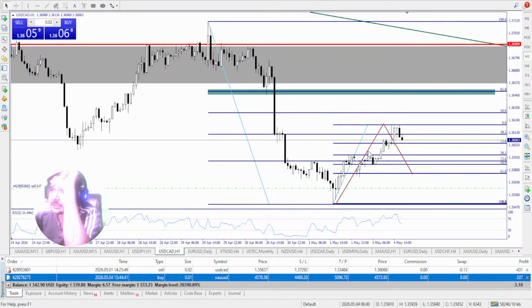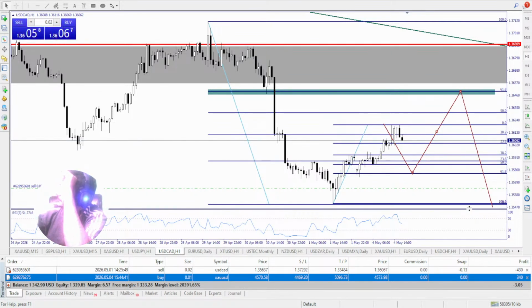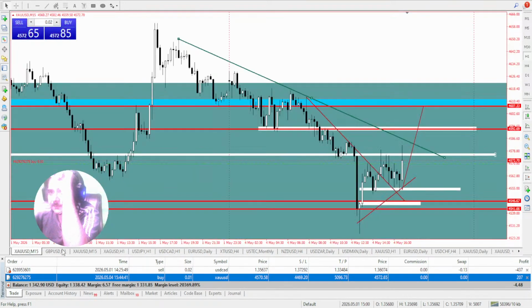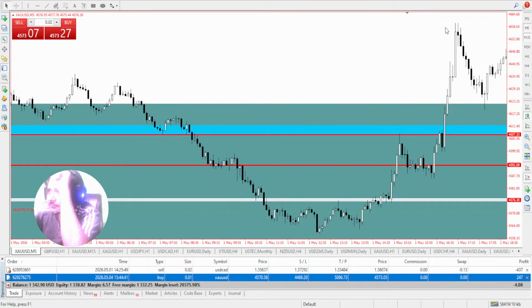It will come till here, then go up till there, then from there it will be dropping back and crashing all of the levels. But if it comes in one go, let's see, there is this 618 as well. Let's see.